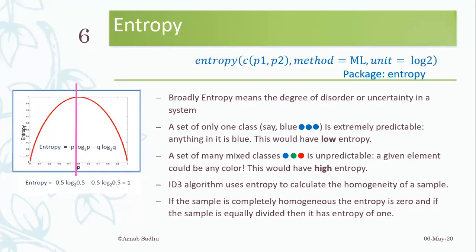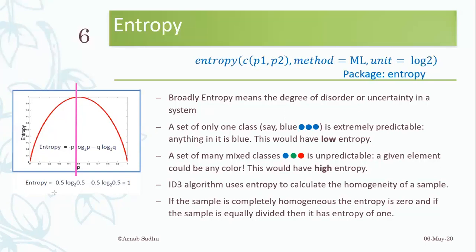That will be the formula for calculating entropy. And this algorithm of making a decision tree uses entropy to calculate the homogeneity of a sample. So if the sample is completely homogeneous, obviously the entropy is the lowest, that is 0.